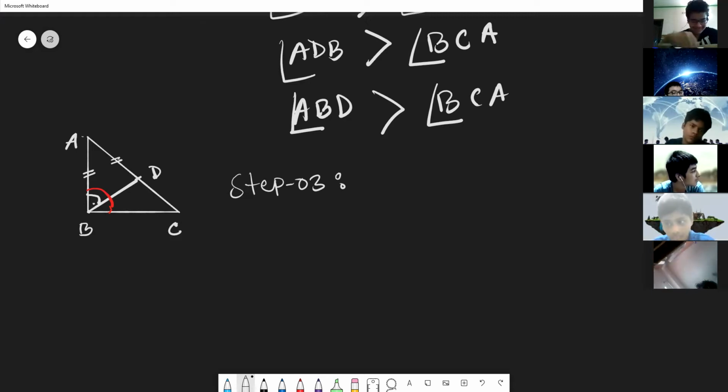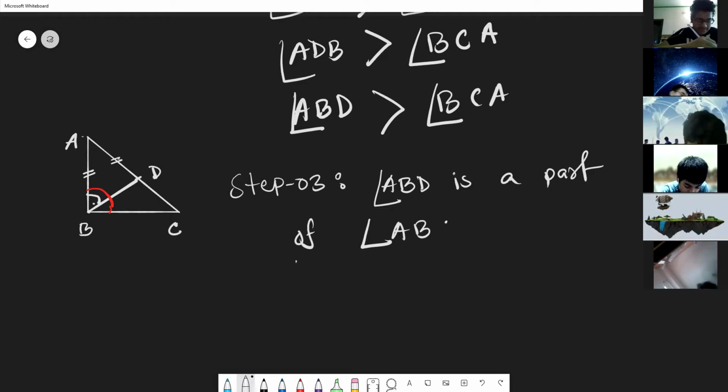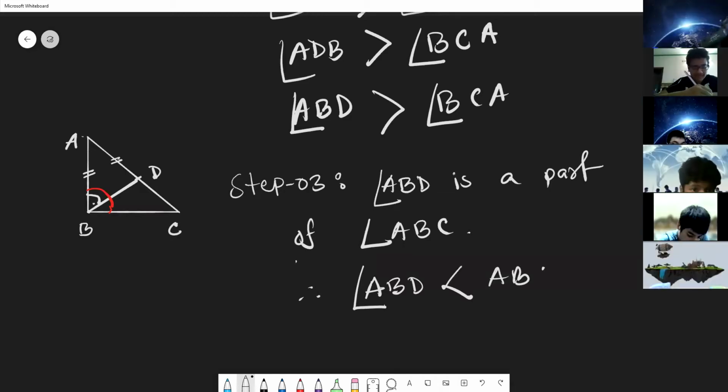Okay, that's why we can write here, mention here, ABD angle is a part of angle ABC. So ABD angle is smaller than ABC angle.